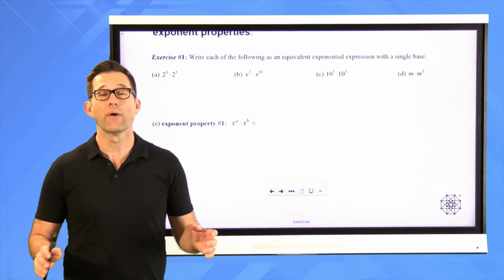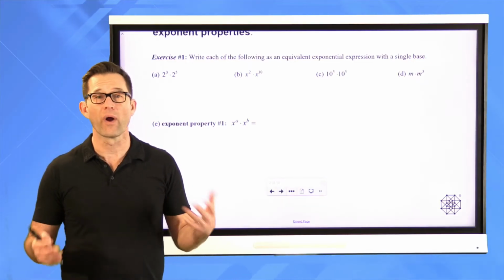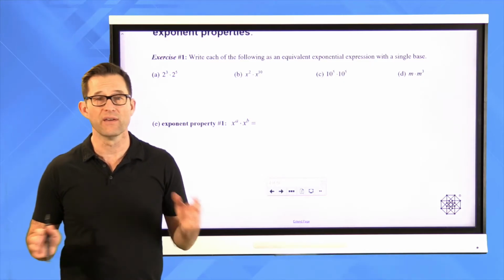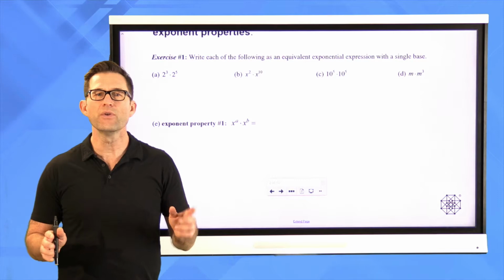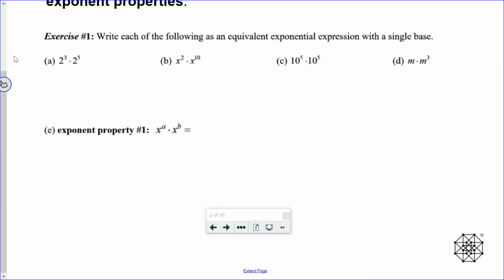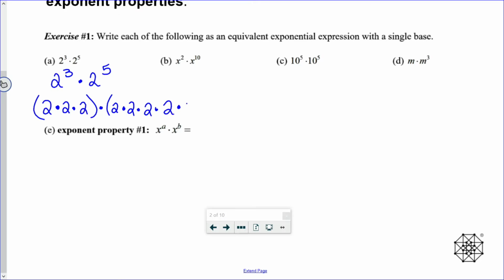Now you may already remember how to write something as an equivalent exponential expression given these types of problems. But let's review the thinking behind it, at least in letter A. If we think about letter A, 2 to the third times 2 to the fifth, that literally means 2 times 2 times 2, that's 2 to the third, times 2 times 2 times 2 times 2 times 2.